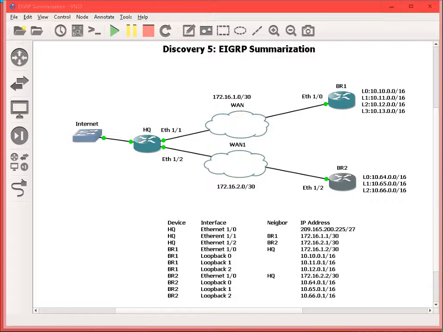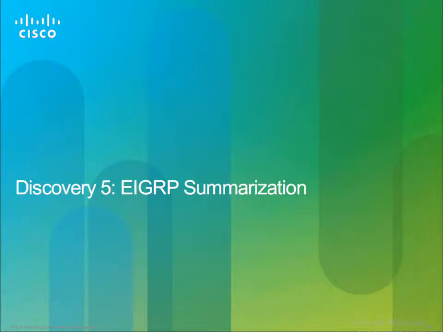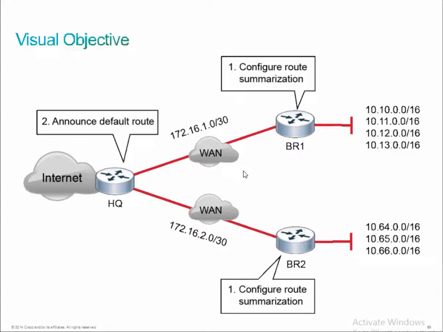Let me pull up the diagram here. So our goal in this particular demonstration or this discovery is to announce a default route from HQ into EIGRP so that BR1 and BR2 will get a default route. And then also to summarize the 10, 11, 12, and 13 subnets behind BR1 and to summarize 64, 65, and 66 behind BR2. And that's what our goal is here.